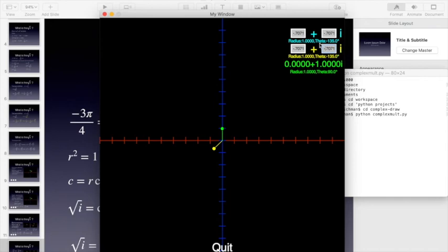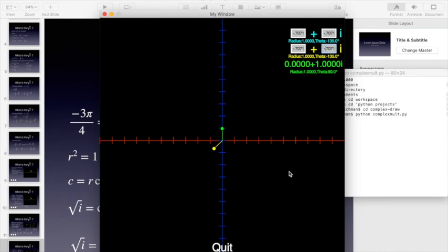But look, the angles, negative 135 plus negative 135, that's negative 270. Negative 270, that's the same as 90, right? Negative 270, that would be going this way, 270 degrees to right there. That's the same as going this way to 90. And the radii, radius is 1, radius is 1, 1 times 1 is 1.